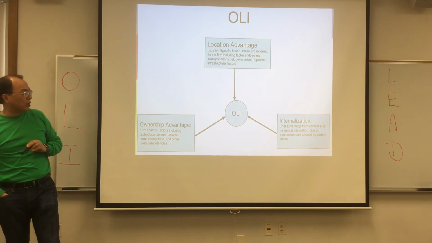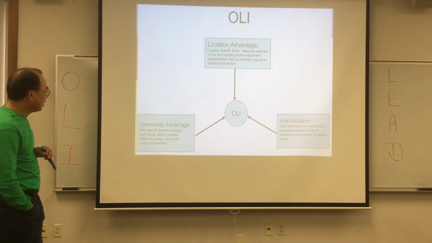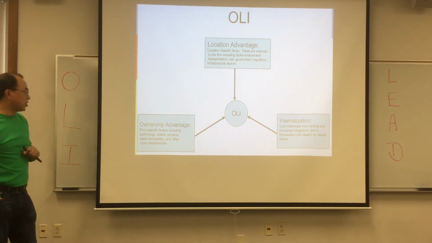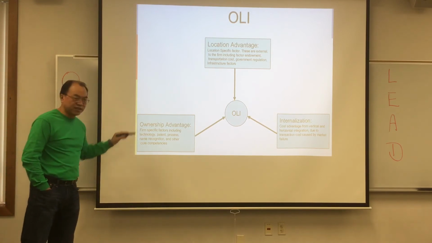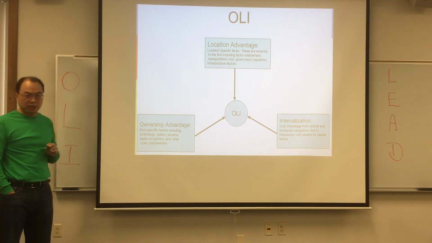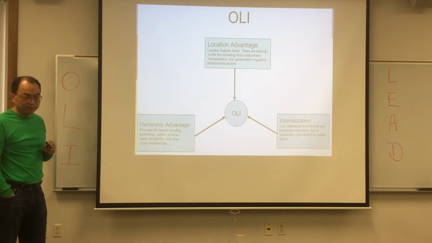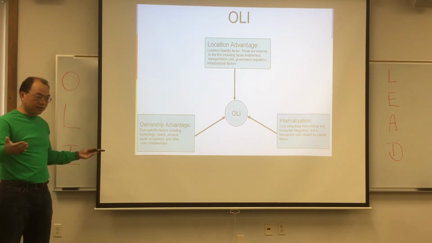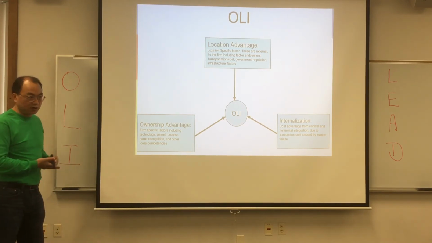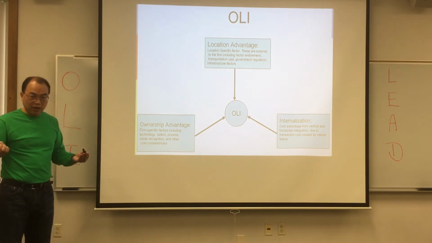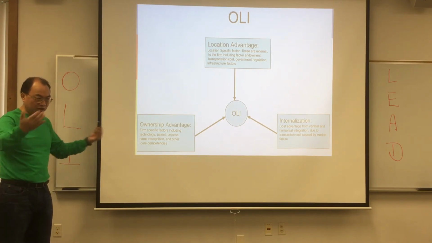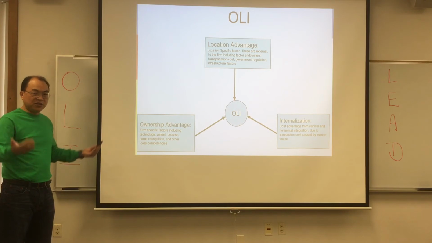That's very important, okay? Then let's go to O again, ownership advantage. I mentioned Tesla has a lot of advantages in technology, the way of doing things, operations management, the culture. I mean, you get Elon Musk, the culture is just so important.